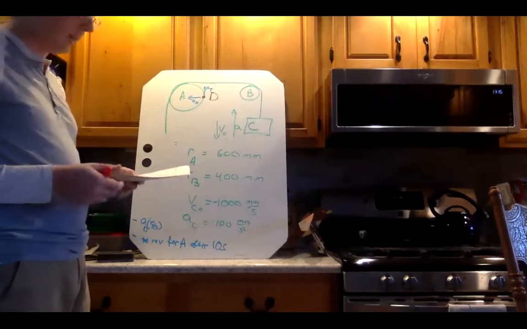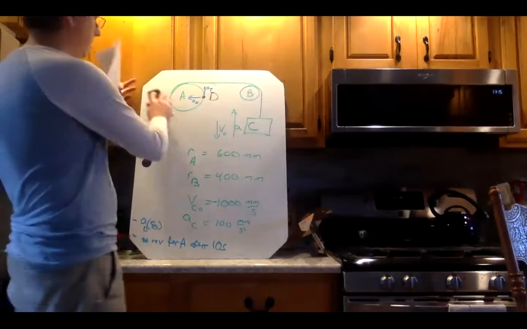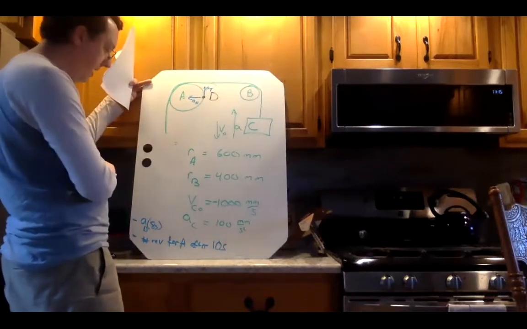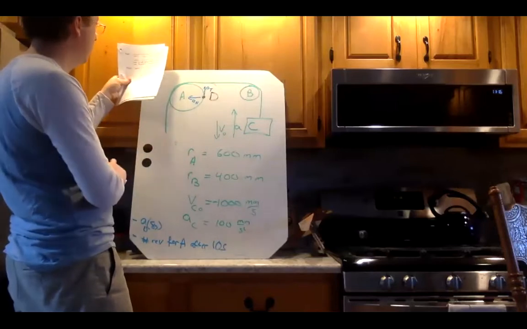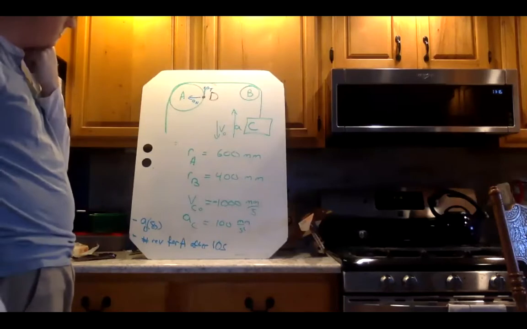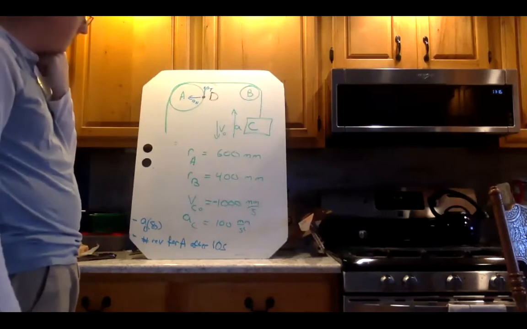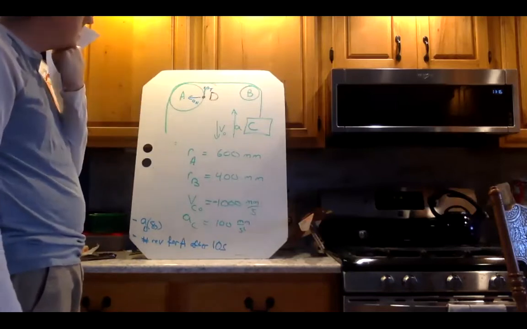Yep, that's exactly right. Does everyone have the numbers? Sean, can you explain that one more time? The tangential acceleration is equal to the acceleration of the block. Why? Because it's without slipping.